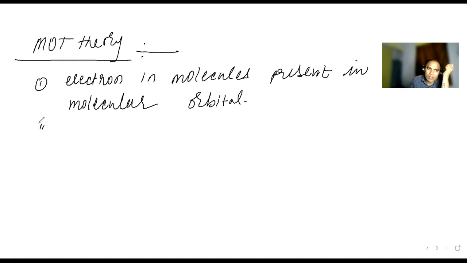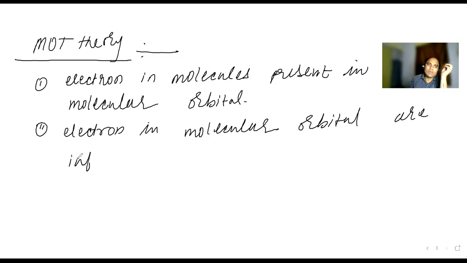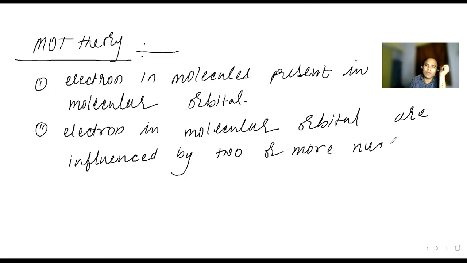Now the second point: electrons in molecular orbitals are influenced by two or more nuclei.